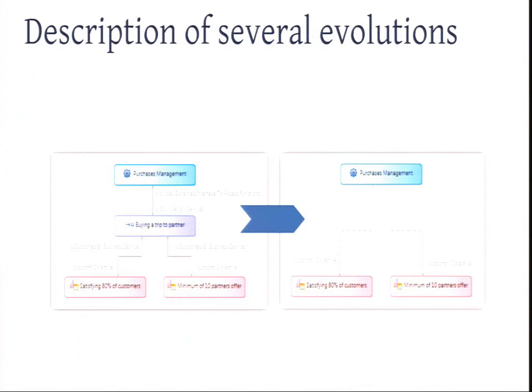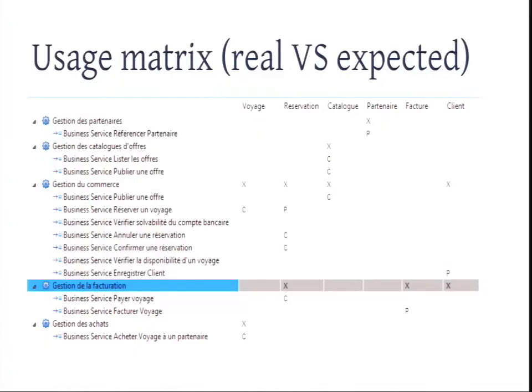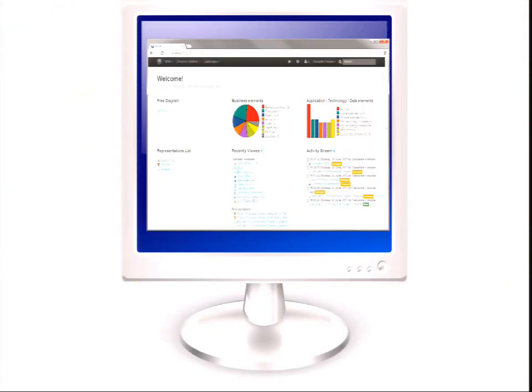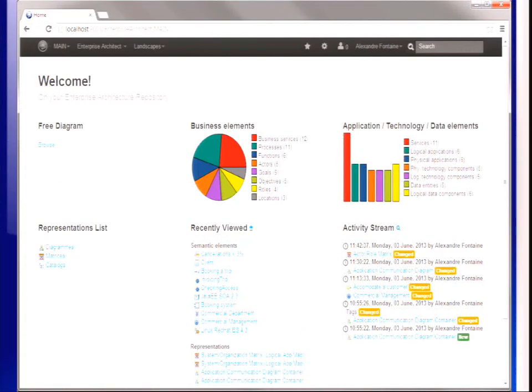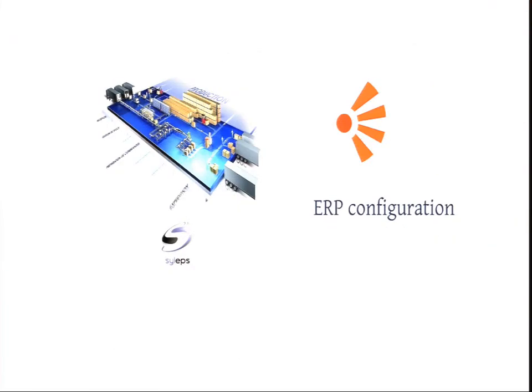They can represent the comprehensive situation of an existing system and then zoom in and elaborate evolution scenarios on some part of the system. They can also use the tool to perform impact analysis graphically or with a matrix. And it is available through a web client.